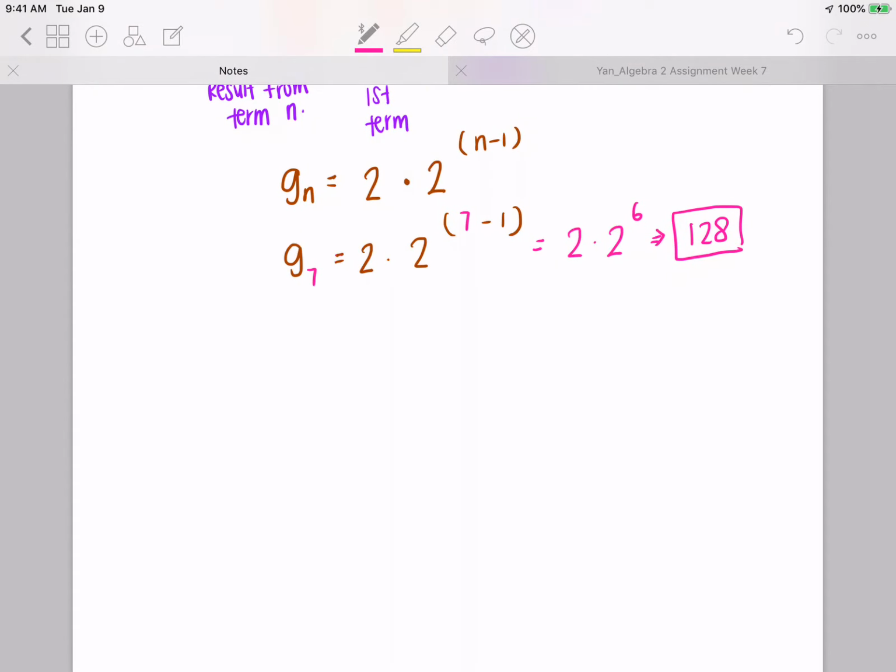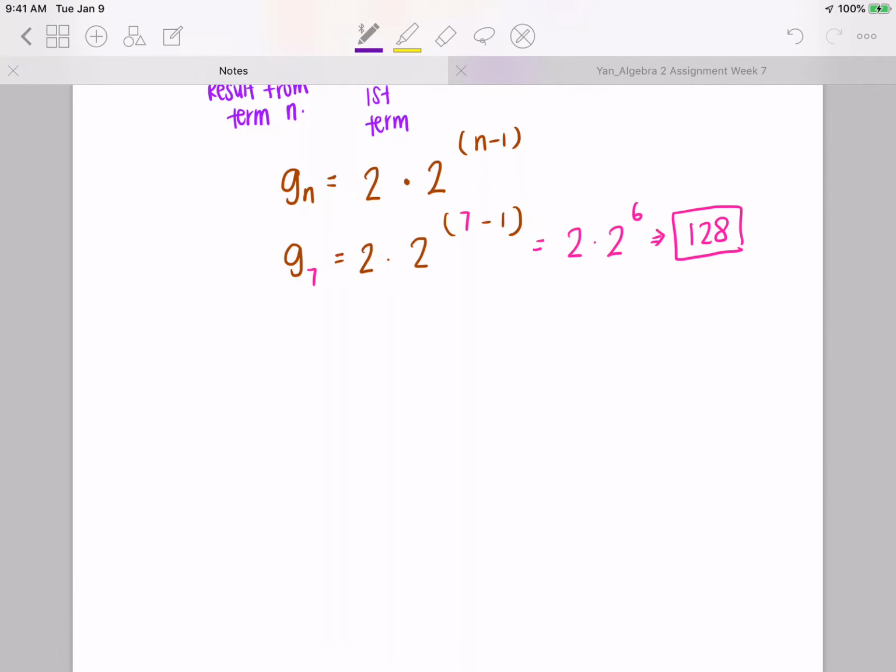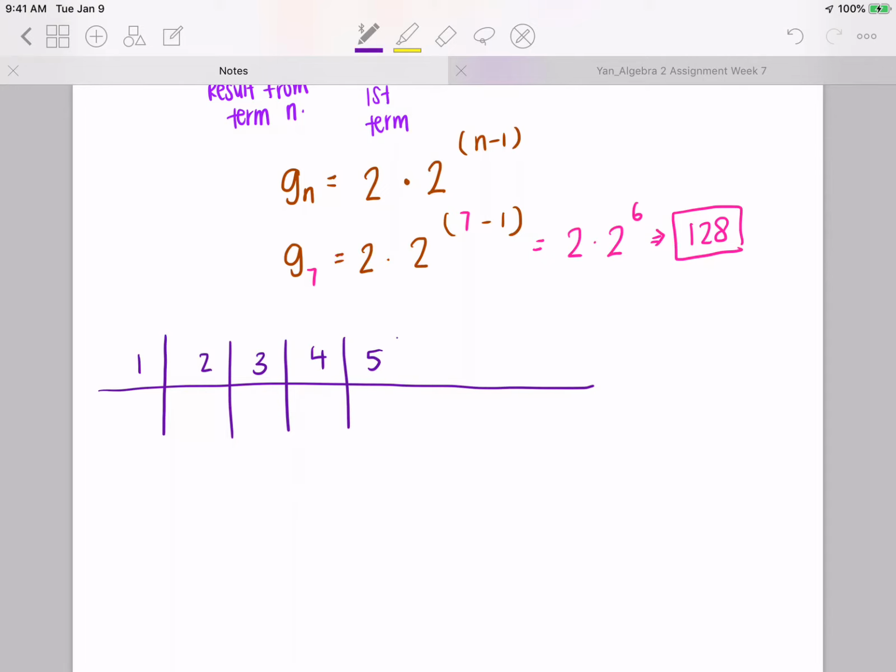Okay, let's use some chart, because this is going to be very similar to your homework. Let's set up a chart. Let's say we start with 1, 2, 3, 4, 5, 6, and 10. Okay, we have to write an explicit formula. So this formula right here that we just created is called explicit formula.